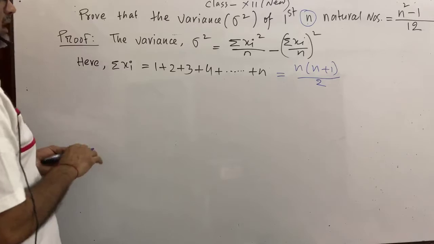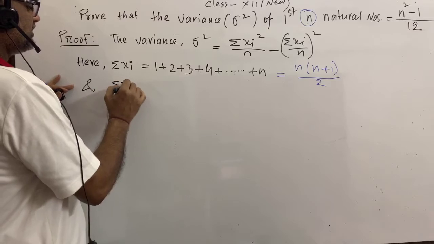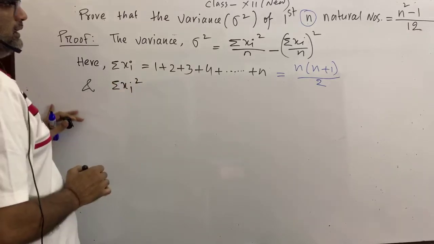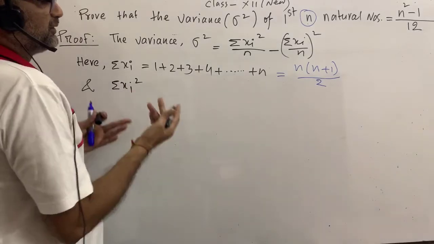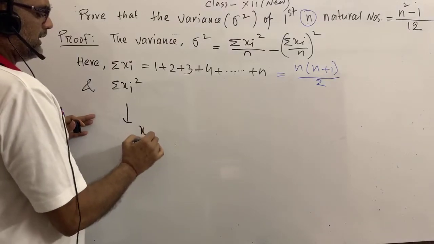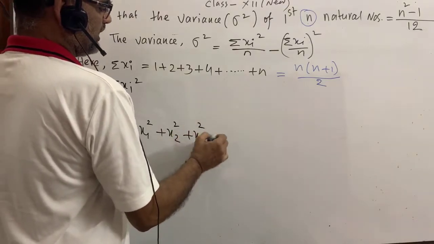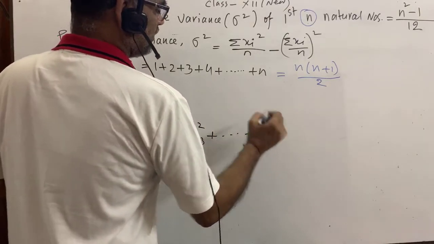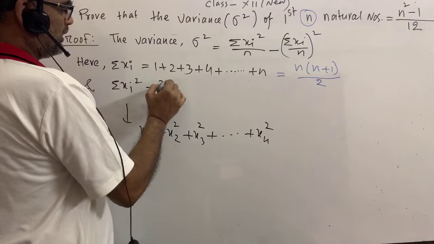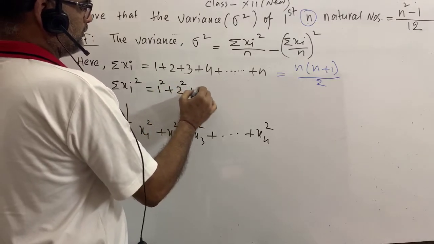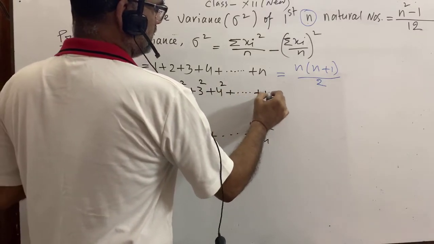Now, what is the sum of xi square? Xi square means x1 square, x2 square, x3 square, like this, xn square. That means we can write here 1 square, 2 square, 3 square, 4 square, up to n square.